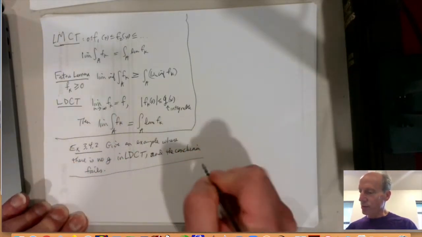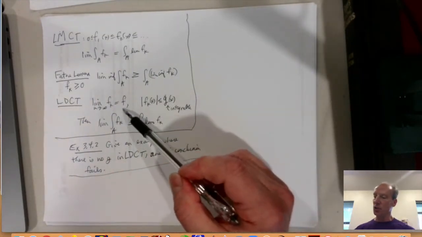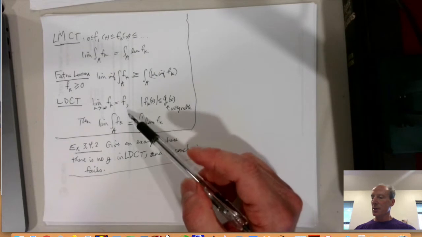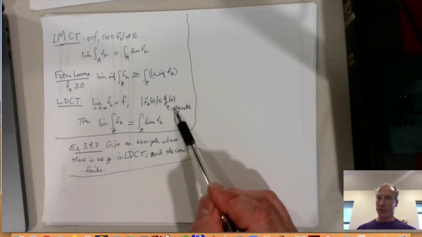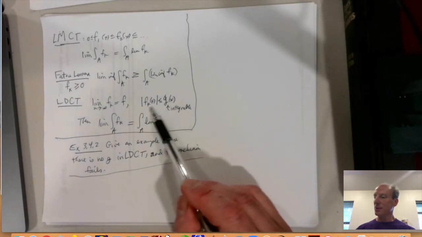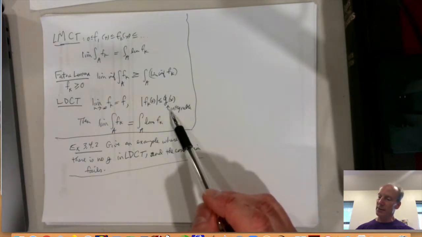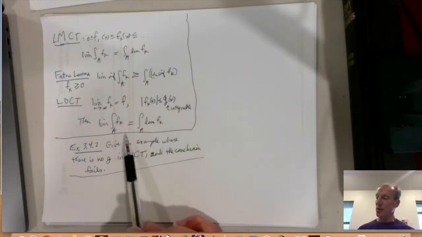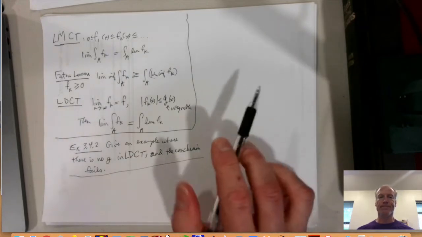So in other words, you do have the fact that a bunch of measurable functions have a limit, but there's no dominating function that is integrable, that is bigger than the absolute value of the function for all x. And then it turns out that these two things are not equal.